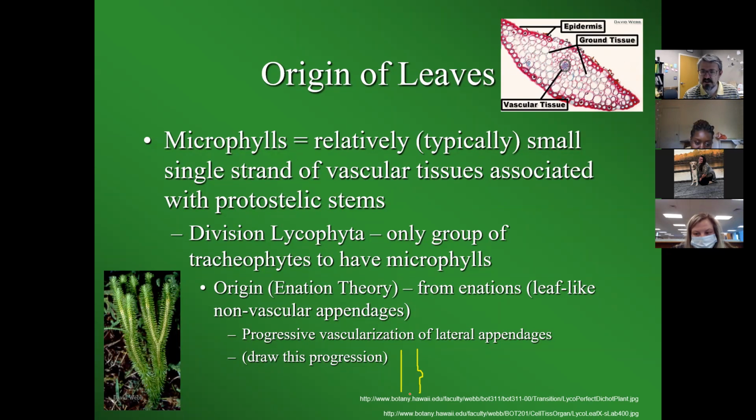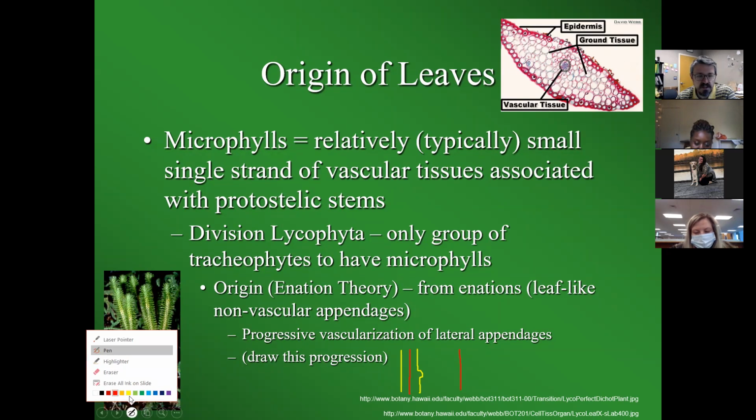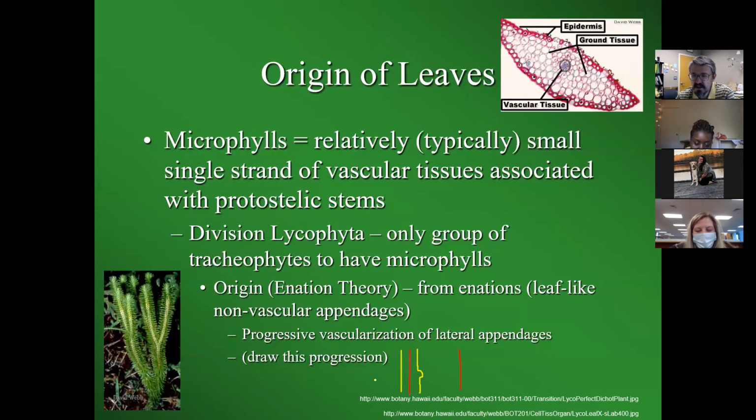And here's your vascular tissue. Early on, we have some plants that don't have leaves. They just have these little bumps. Later, we'll see the development of stems that have this happen, with some of this vascular tissue starting to work its way into these little protuberances.